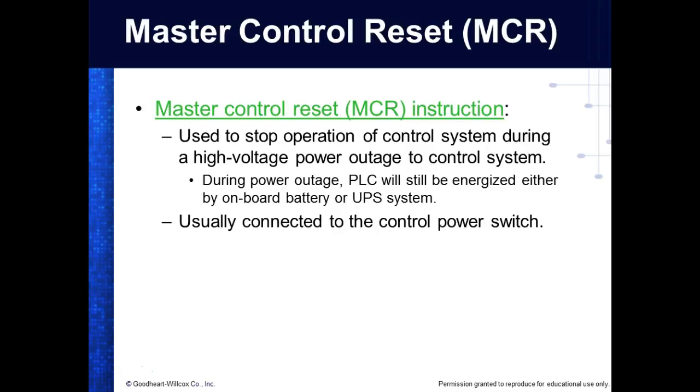This is used as an instruction pair. I'll have to look and see what they call the last one. They call the first one MCR, and then the one we jump over. So you don't have to take out everything. You can specify a section of your PLC when the master control reset is true.